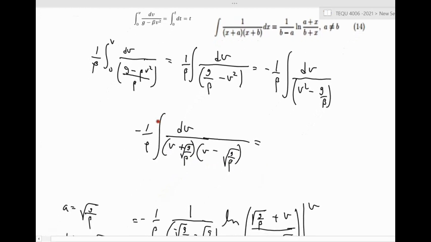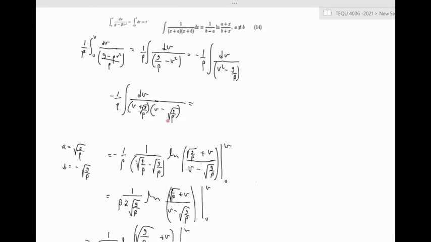So when we compare this integral here, you can definitely use partial fractions to solve this problem, but I'm using the table. When you compare these, you know that the term a is equal to the square root of g over beta, and b is just the negative of that same value. When you substitute these in the solution, remember there's a negative 1 over beta here, but there's a negative here too, since this is b minus a, and b is negative.